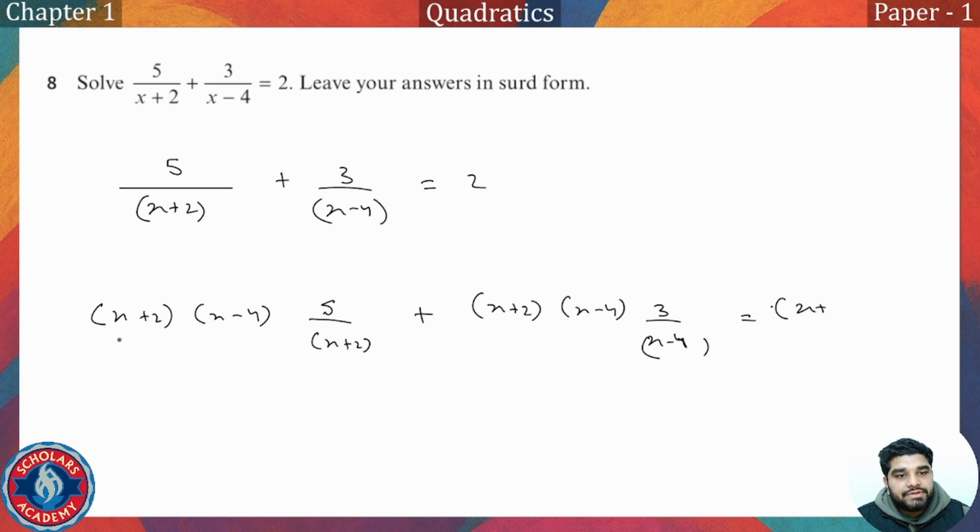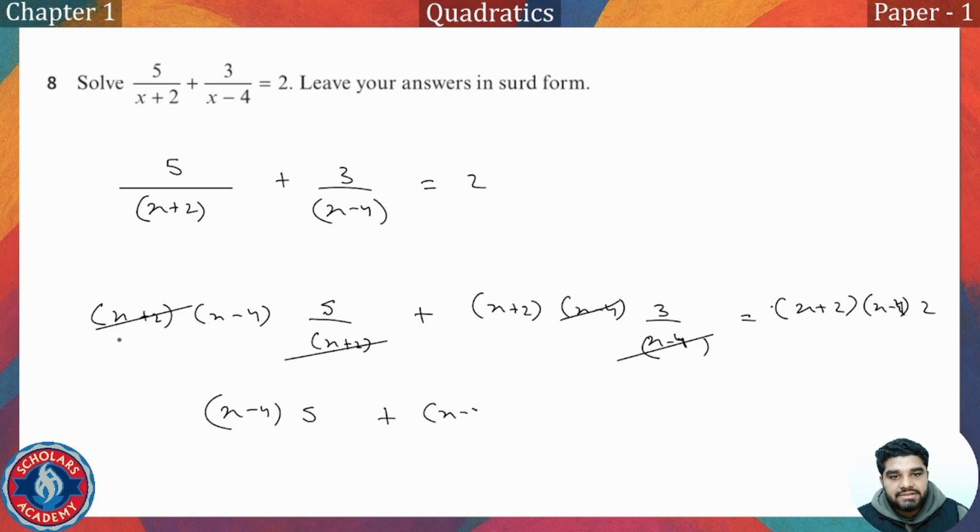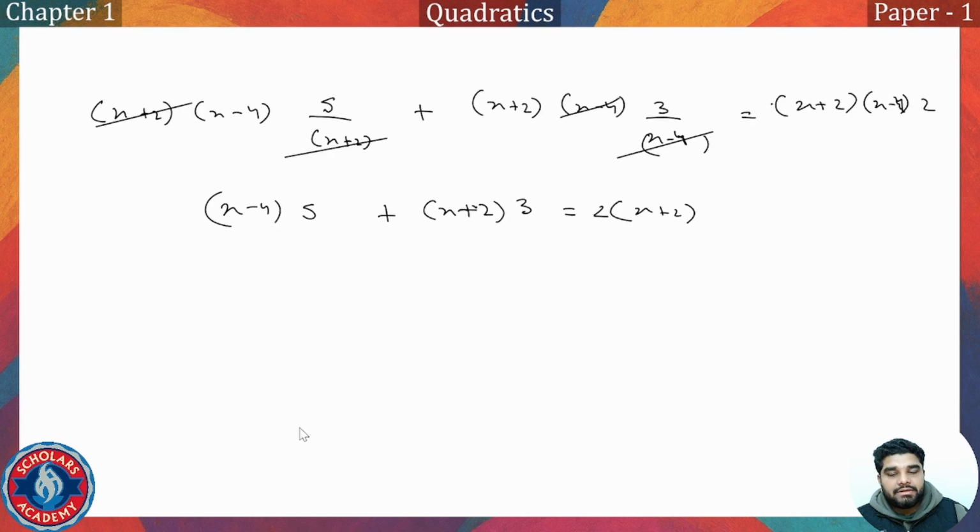is equal to x plus 2. So we'll multiply both sides, and x minus 4 times 2. x plus 2 gets cancelled out with x plus 2, x minus 4 gets cancelled out with x minus 4. We are just left with x minus 4 times 5 plus x plus 2 times 3 is equal to 2 times x plus 2. Right?